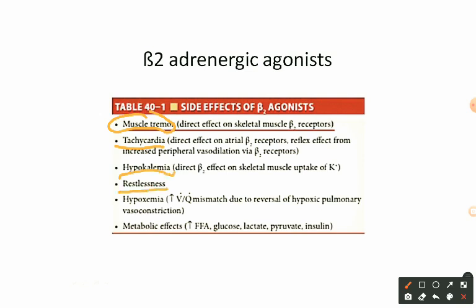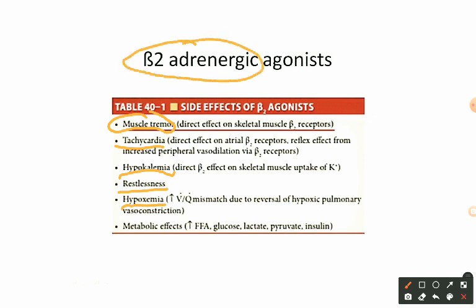We have restlessness and hypoxemia. Other than being a relief of hypoxemia because it causes bronchodilation, it also has a side effect of hypoxemia by causing ventilation-perfusion mismatch. Meaning, the airway entry into the lungs is increased, but the perfusion, or the blood flow towards the lungs, is decreased, brought about by the beta-2 adrenergic effect.